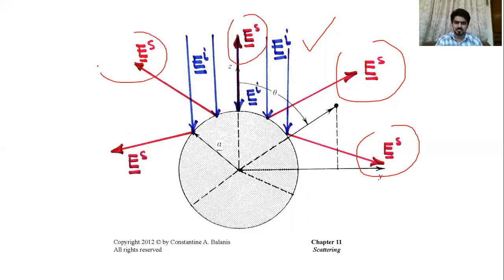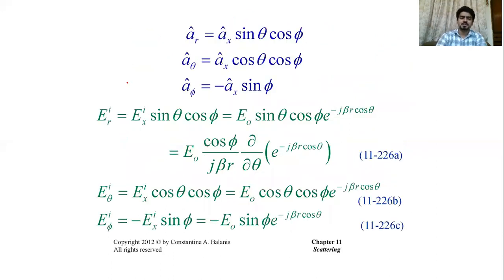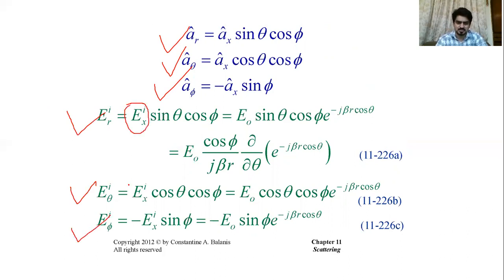Those scattered fields are going to be something similar to the spherical Hankel function of the second kind. So let's see how we can represent them. These are the ar, a theta, and a phi, and this is what we have: ar, a theta, a phi in terms of Ex, using these transformations.